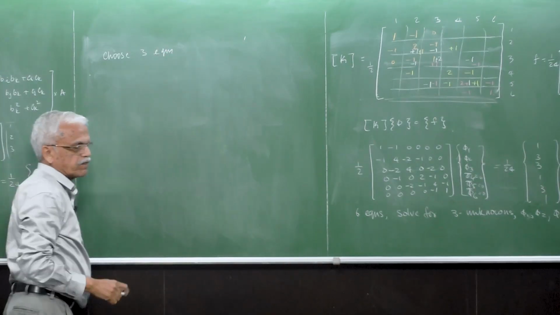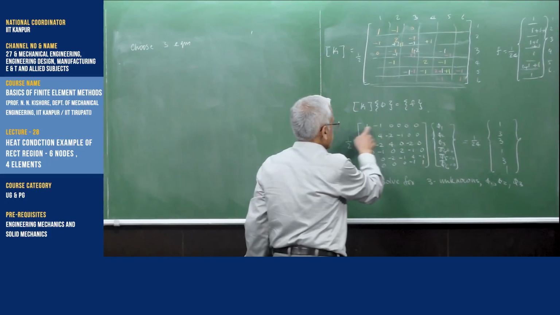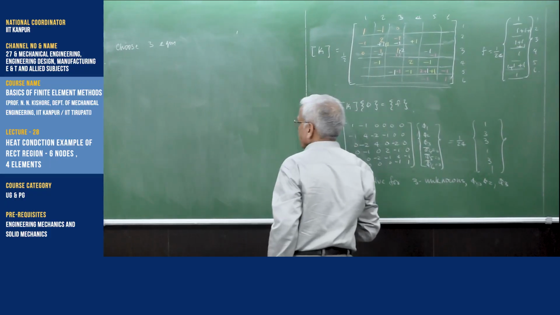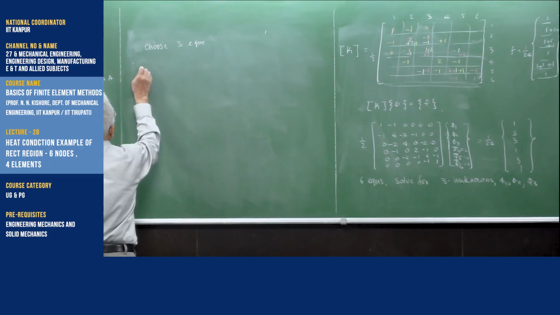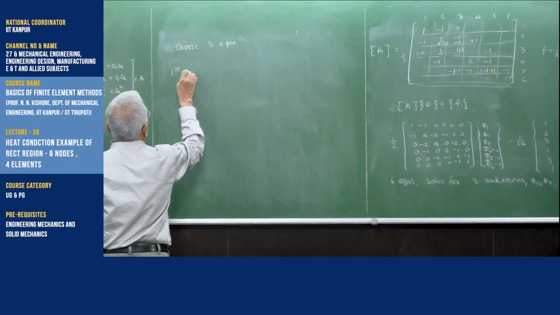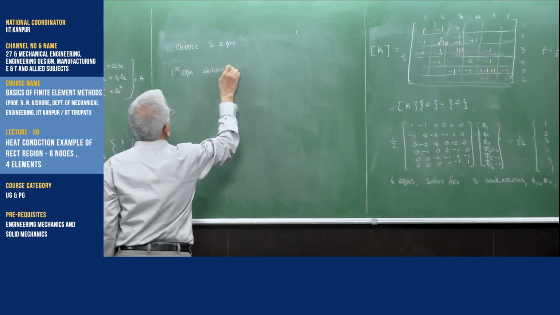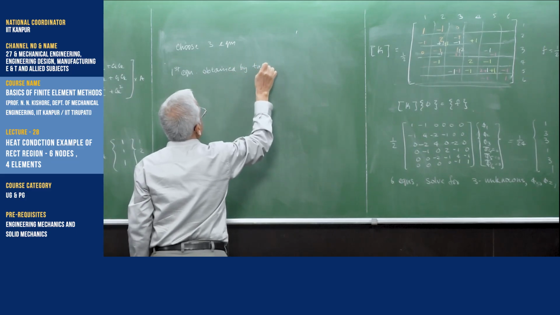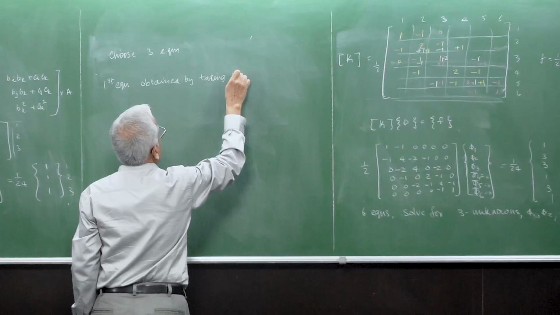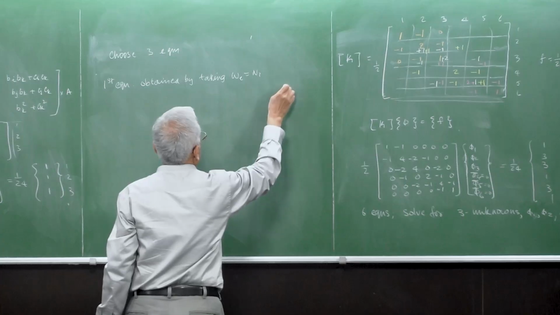So which 3 equations do you have to choose? That is the point of discussion. The first equation, if you recall, has been obtained by taking the weighting function Wi equal to N1.